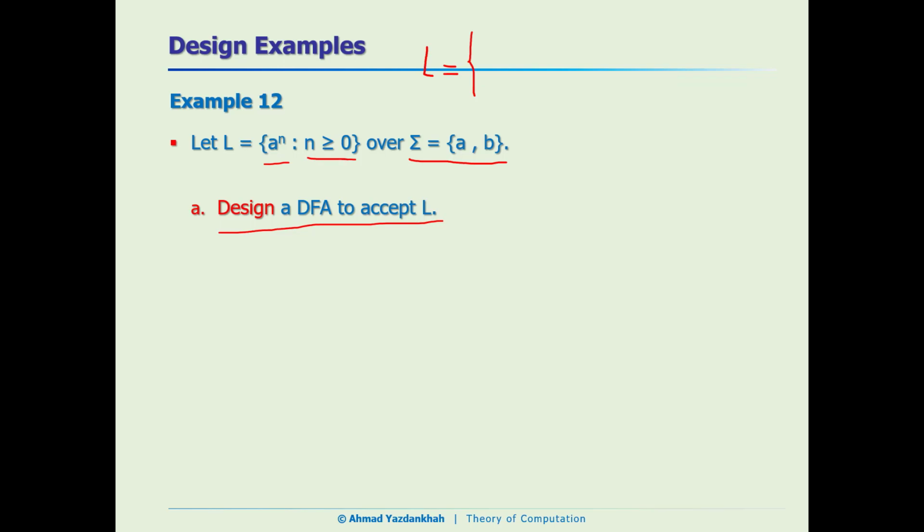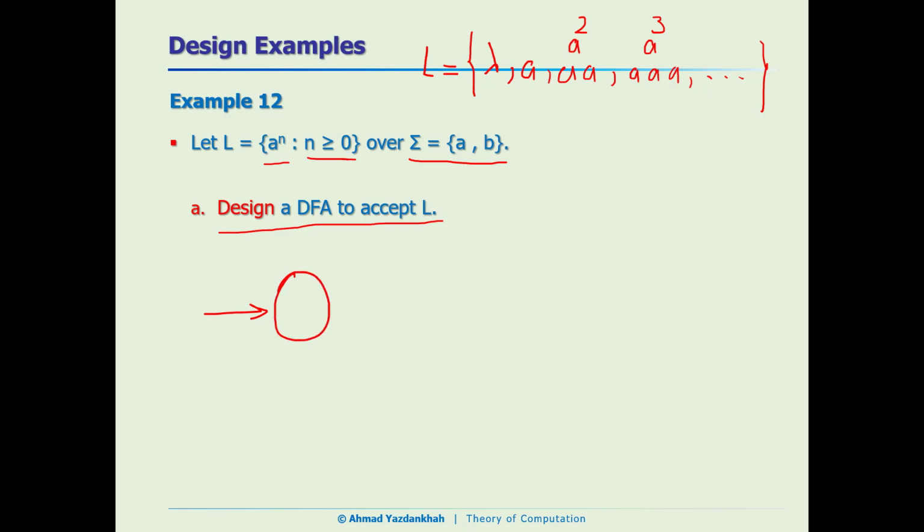If n is equal to 0, it will be lambda. If n equals 1, it will be a. And we understand that it will be aa, and so forth. You know that we can represent this with a square and a cube, a to the 4, and so forth. Okay, that's the easy one.